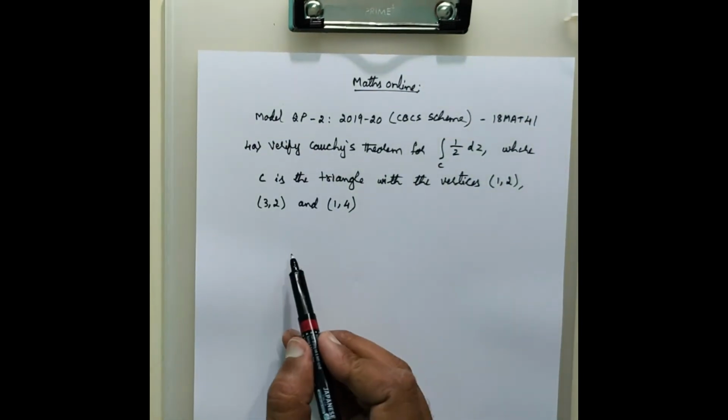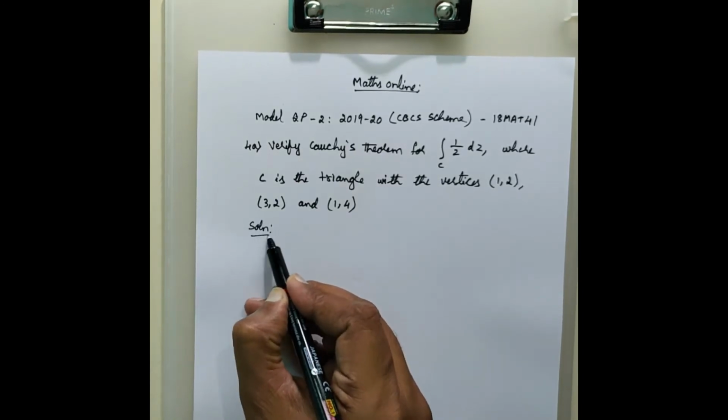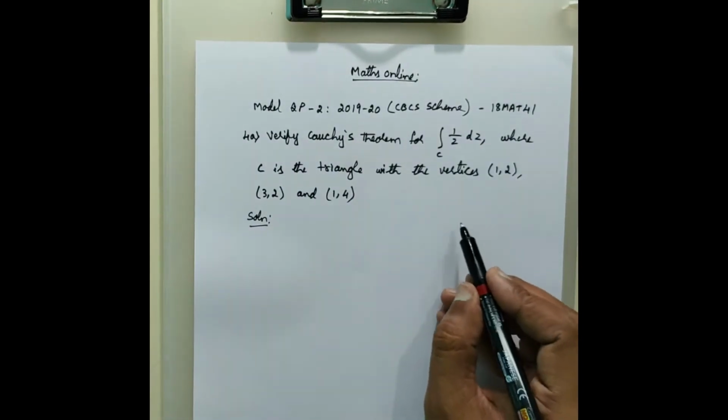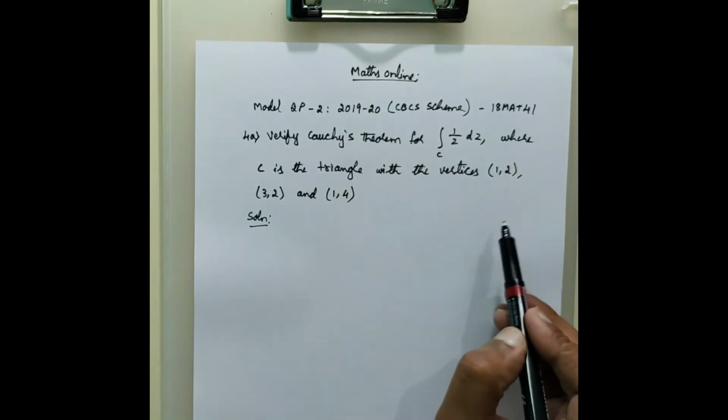We need to verify Cauchy's theorem for that integral. So the triangle is given with vertices 1, 2, 3, 2 and 1, 4.